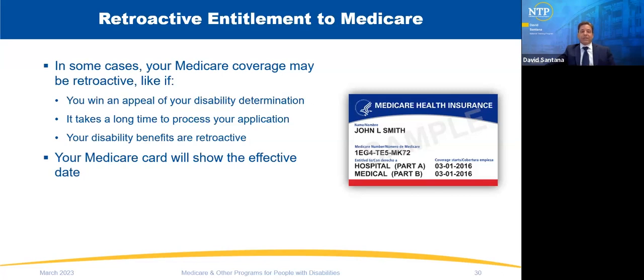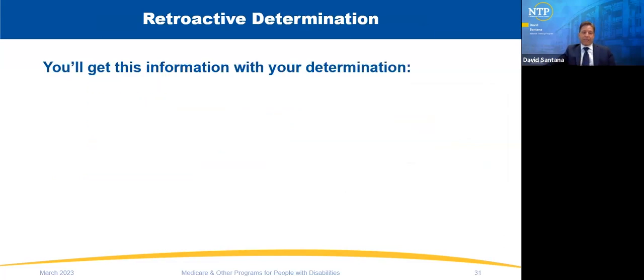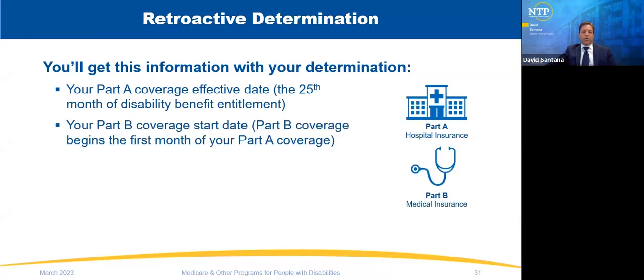If that happens, Medicare will also be retroactive to that 25th month after you start receiving your check. So you do get Medicare the 25th month after you get your check. Usually Part B coverage starts with the first month that you get Part A, with one exception.